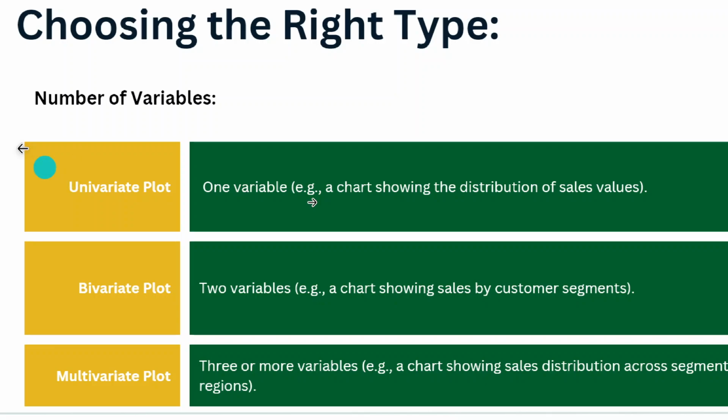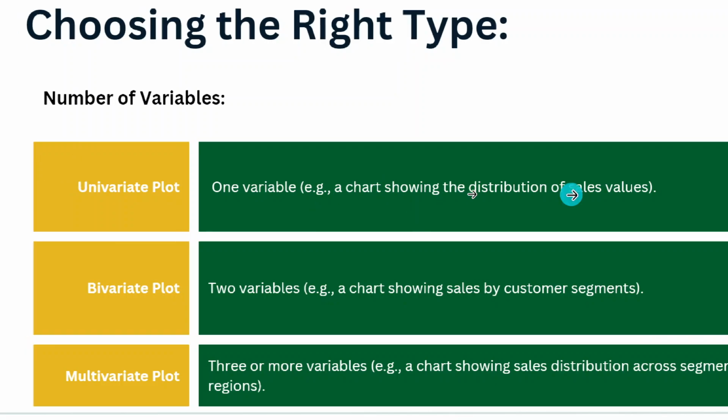An example could be you just want to see the distribution of sales value, how your sales are distributed. You want to see which cluster people that place orders fall into. The majority of orders placed are within 5,000 to 7,000 or less, and similar stuff, right? So that's it for univariate.